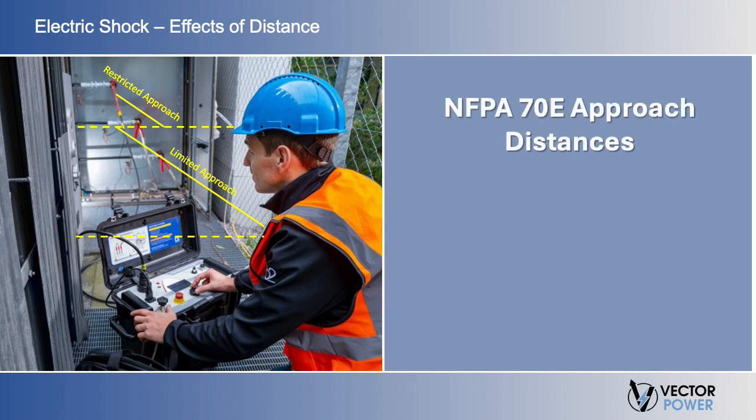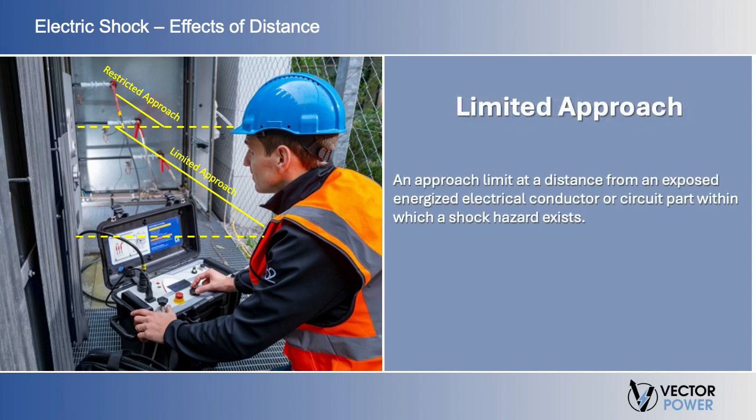The NFPA 70E, Standard for Electrical Safety in the Workplace, defines two approach distances based on voltage. They are the limited approach and the restricted approach. Let's first look at limited approach.